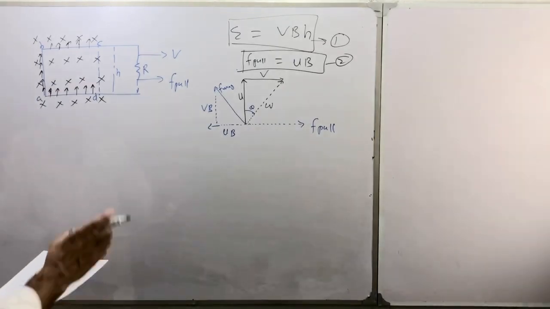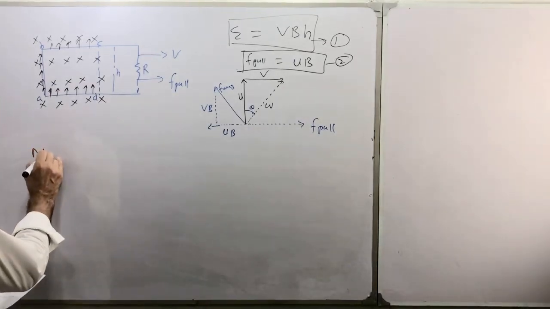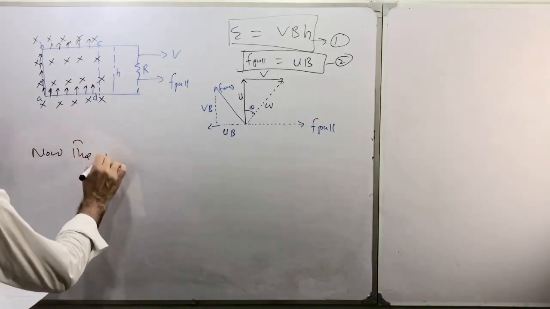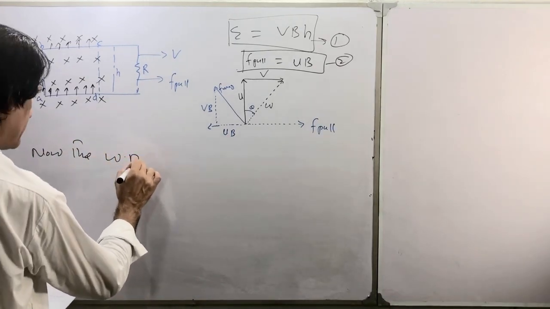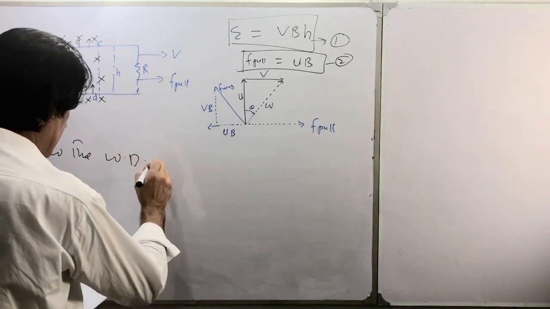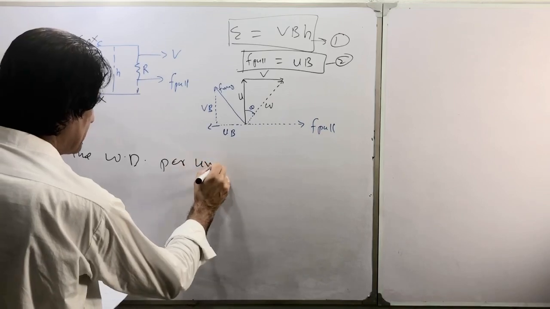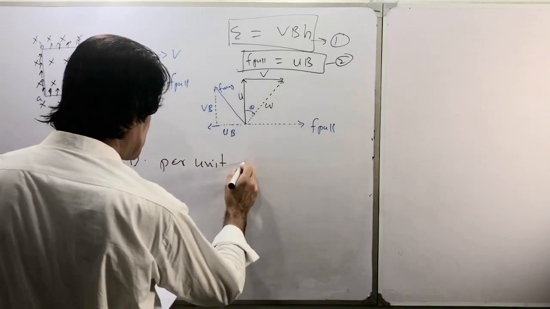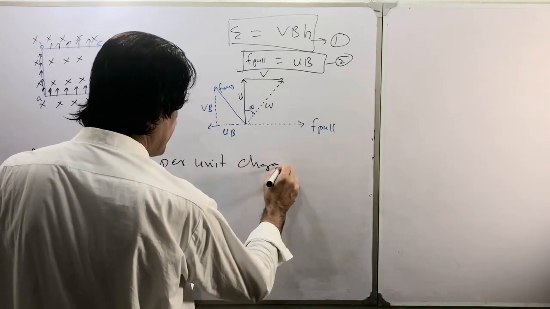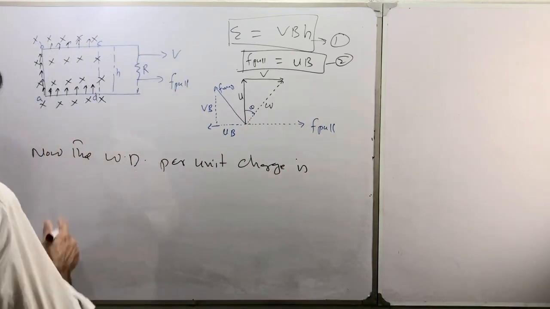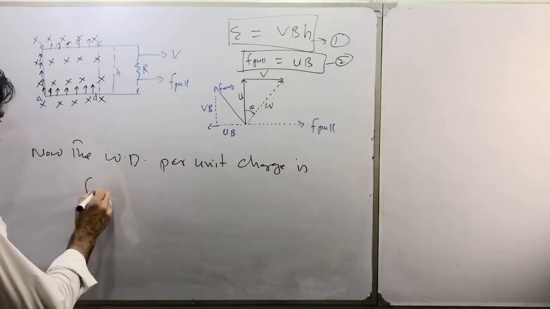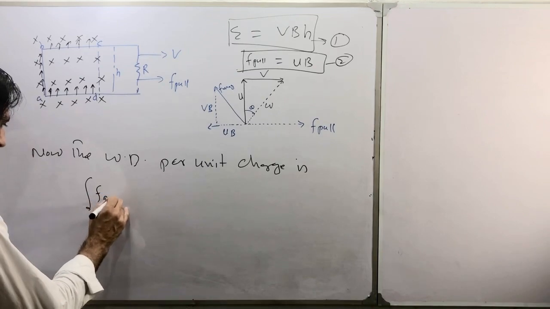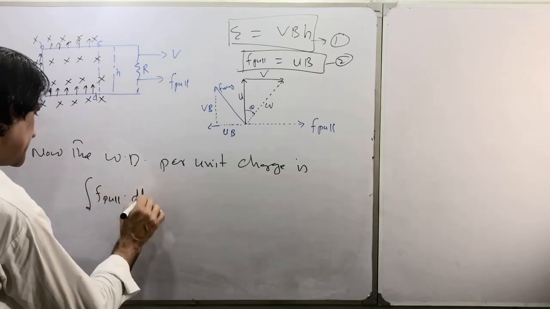Now the work done per unit charge is, how we can write this, F pull dot DL.